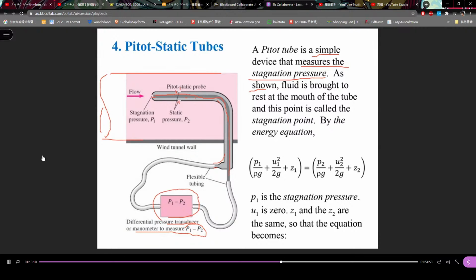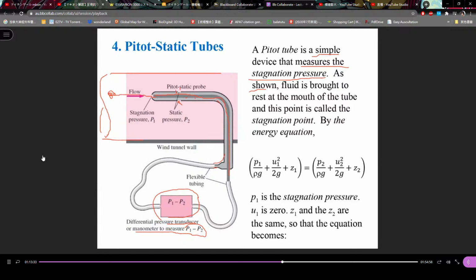So you can use the U-tube to measure the static pressure from this point and the kinetic energy pressure at this point.